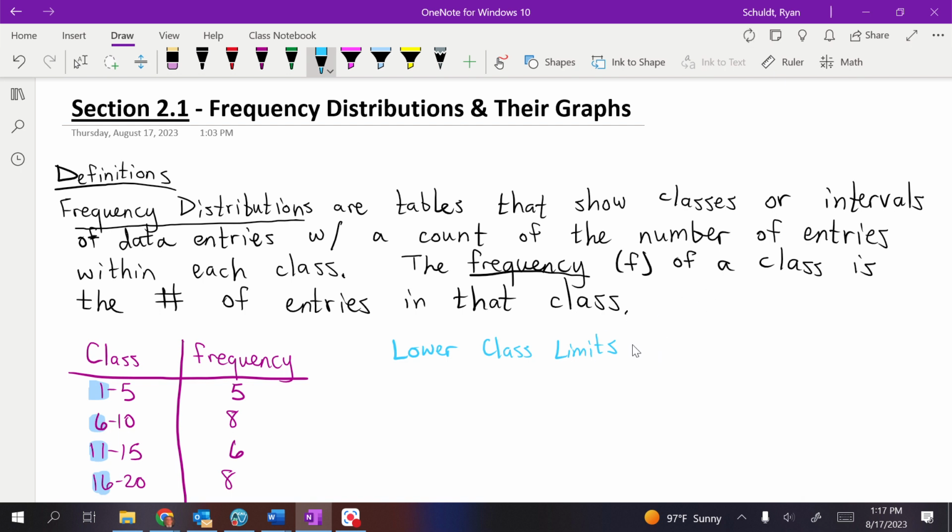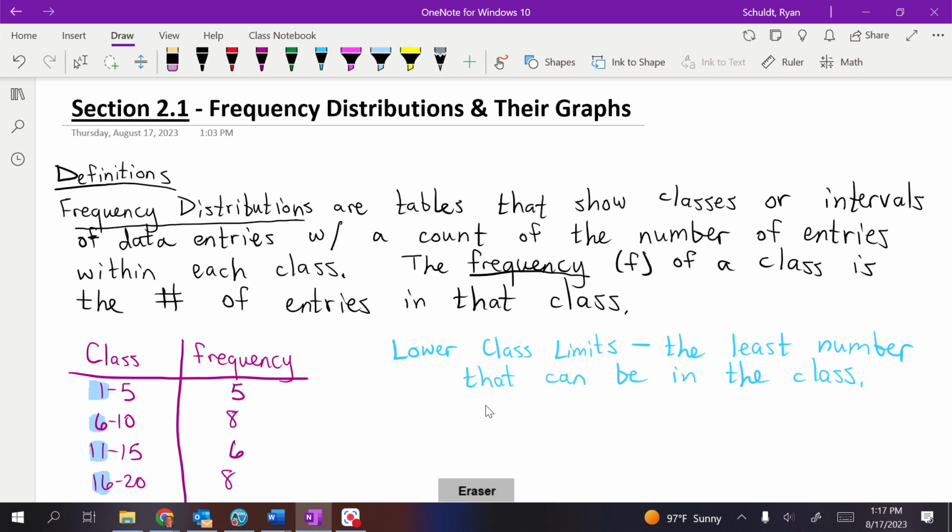This is the least number that can be in that class. So our lower limits from this table would be what? 1, 6, 11, and 16. Those are our lower class limits.